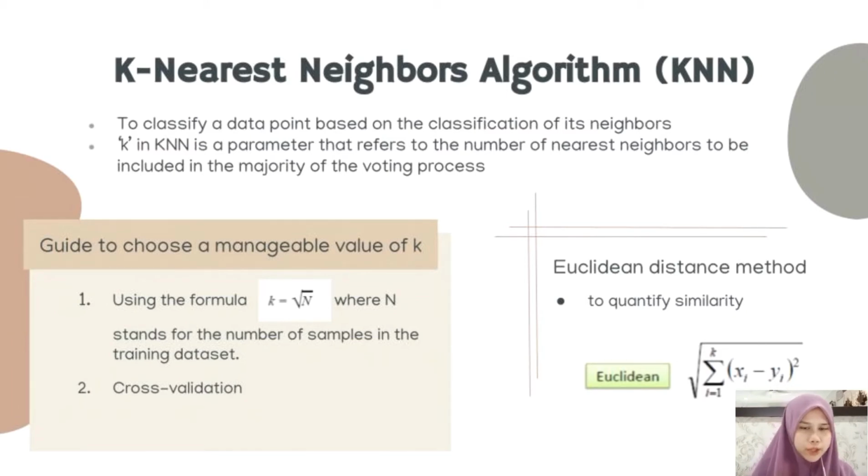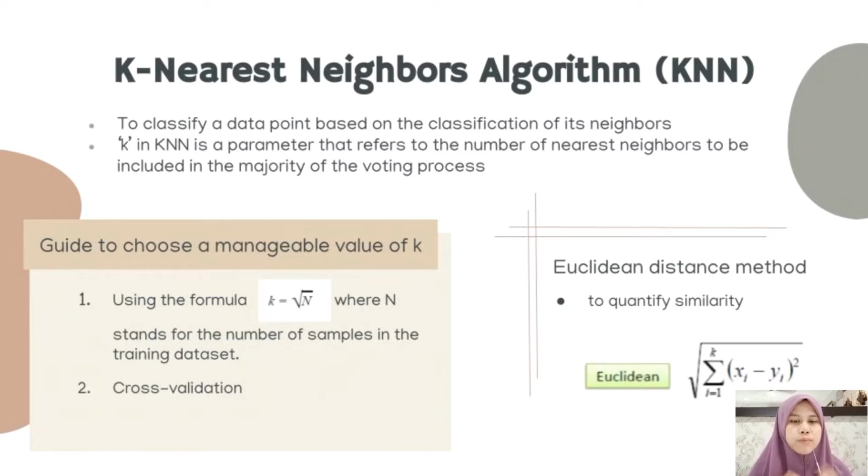There are guides to choose a manageable value of K. First, using the formula K equals square root of n, where n stands for the number of samples in the training dataset. Second is through cross validation, which will basically be taken from the training dataset.